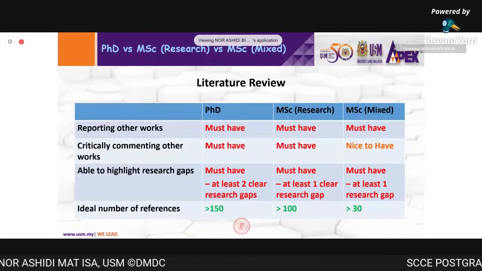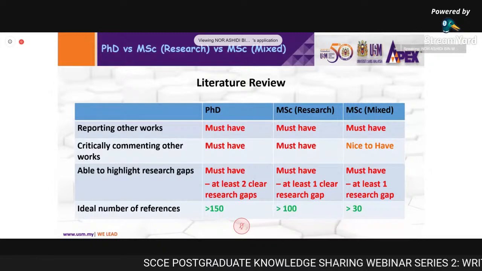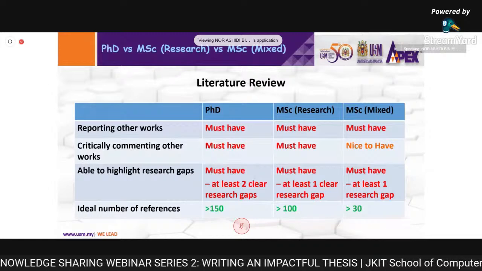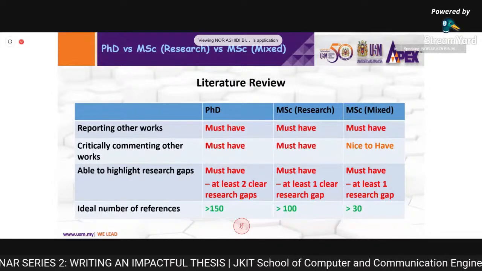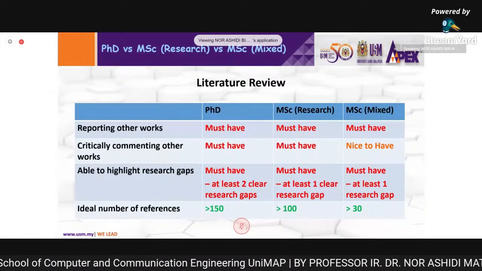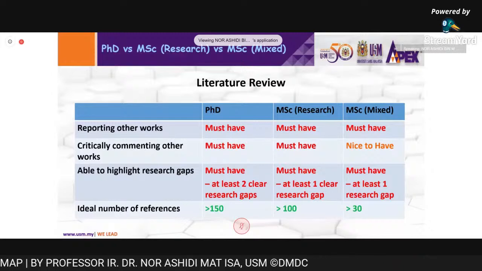So it also is not counted. Your latest references must be thoroughly discussed in your literature review, meaning that they must be related to your research work. It's not something very common, like a general statement and so on.